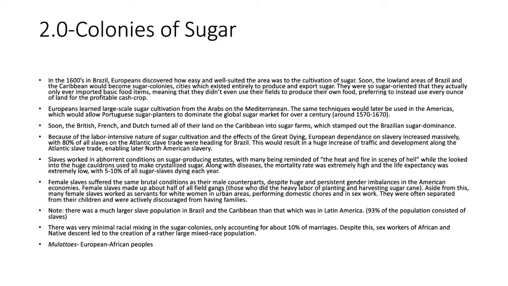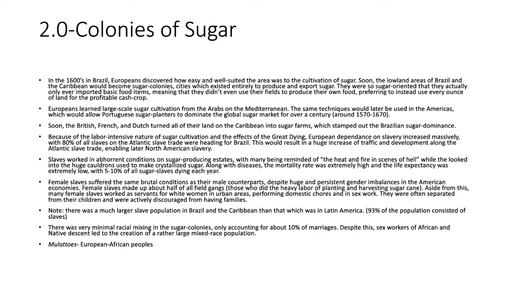And Europeans are like, ew, no, I'm white, I would never, in regards to working. Reference back to earlier in the lecture, where they basically refuse to do anything physical. And this is very physical. This increases traffic and development on the Atlantic slave trade.